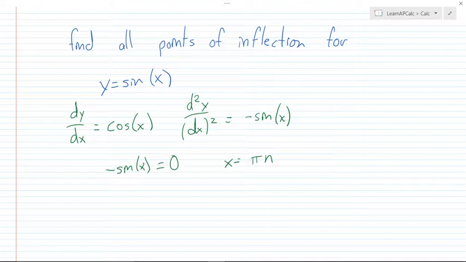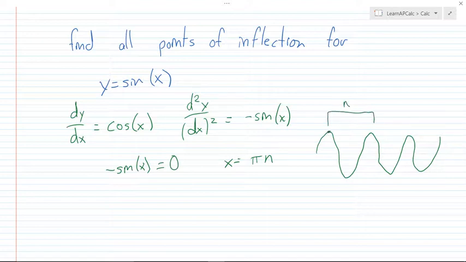So this is something you should be familiar with. Because sine goes on forever, but it's periodic, meaning it repeats itself, we can say that we have some n where that value that we're looking for is repeated.